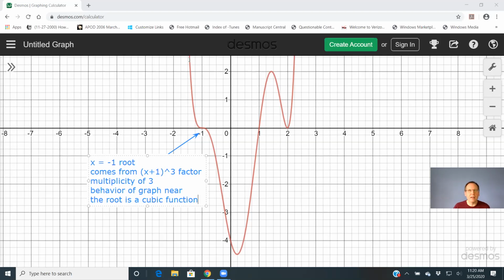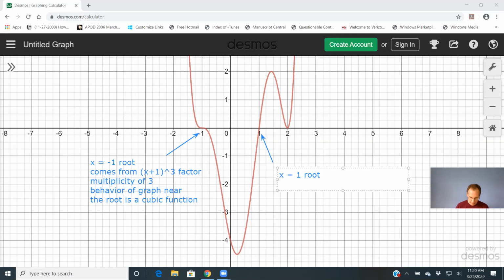So let's look at the second root right here. In this case, this is the x equals 1 root, and it comes from the x minus 1 factor.